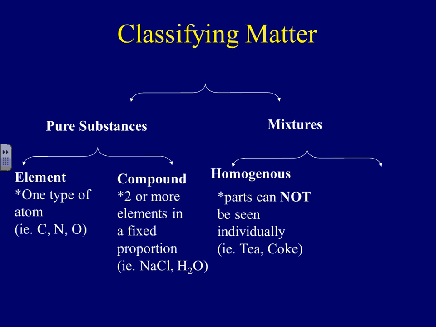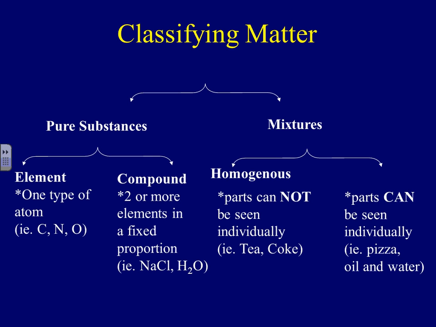This is a mixture of vinegar and water, and if I look at that, I cannot see the individual water and the individual vinegar. In other words, we say that it has one phase. A phase is when something has a distinguishable boundary. In other words, you can see the edges of it. That's what we mean by they cannot be seen individually, right? Let's write down heterogeneous, and I'll give you some examples where you've seen different phases and distinguishable boundaries.